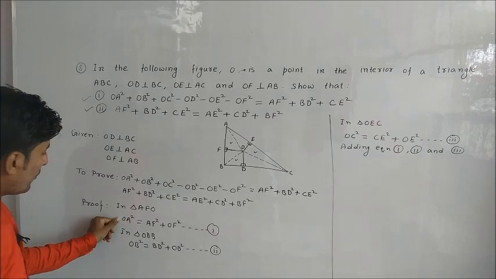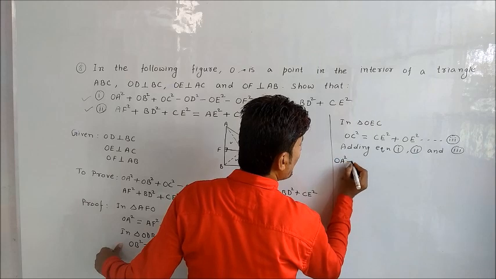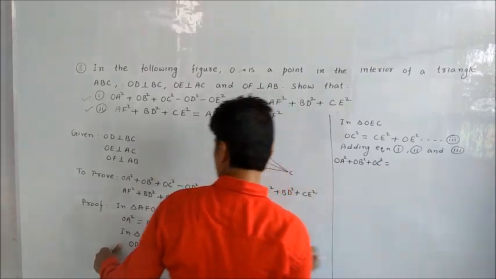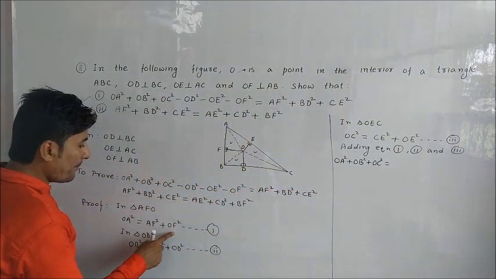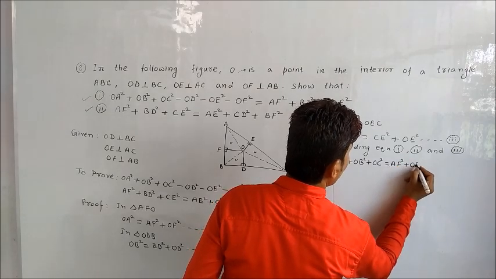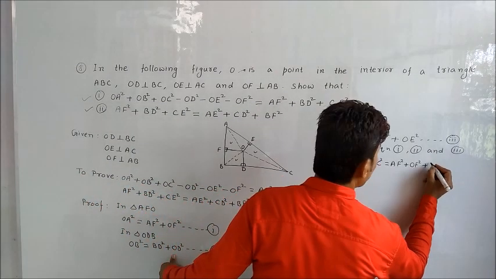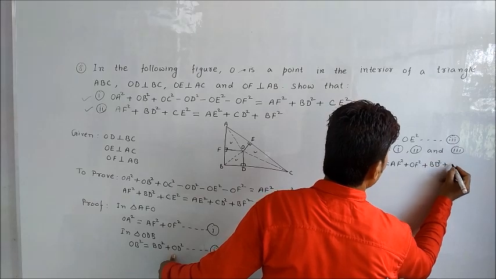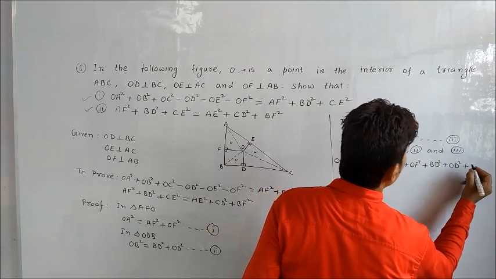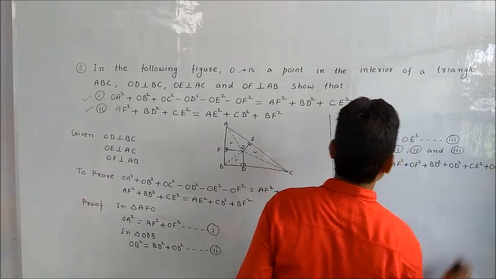In the LHS we have OA square plus OB square plus OC square, which is equal to AF square plus OF square plus BD square plus OD square plus CE square plus OE square.